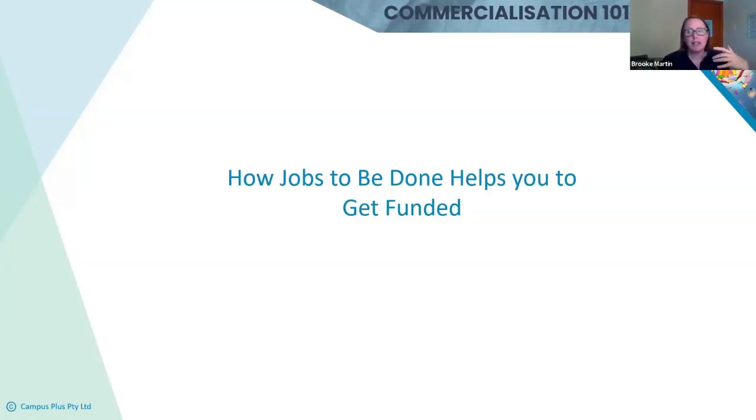Because if you can clearly define the job that your research is doing or the problem that it is solving, and then you can analyze how that problem is currently being solved by other mechanisms, that puts you in a much stronger position to make a case that your research is either going to create better outcomes, or it's going to be a more effective solution, or it's going to be more innovative than what's already out there in the world.